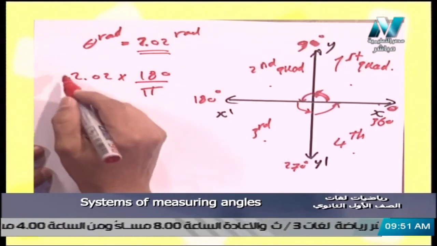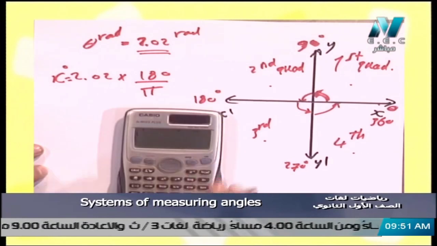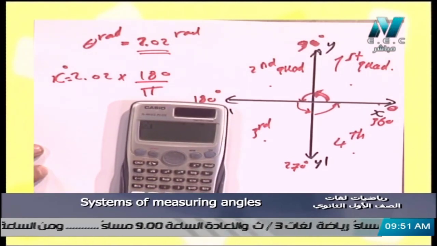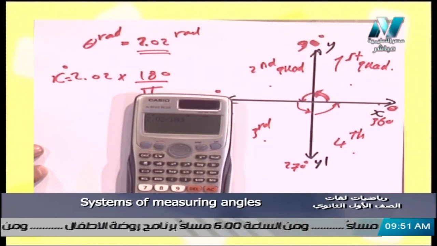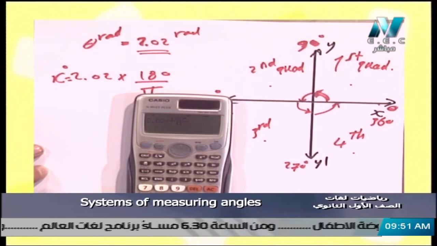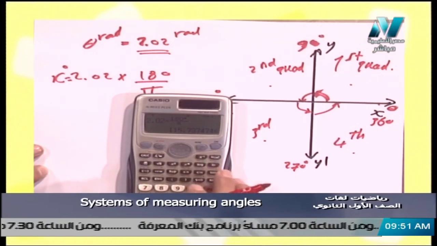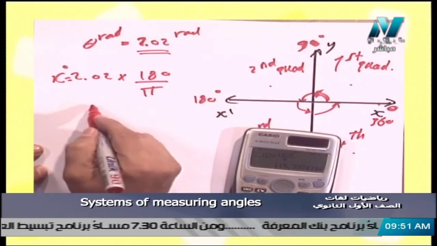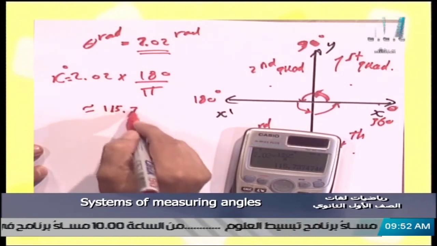So it's 2.02 rad multiplied by 180 degrees divided by pi, and it is approximately 115.7 degrees.